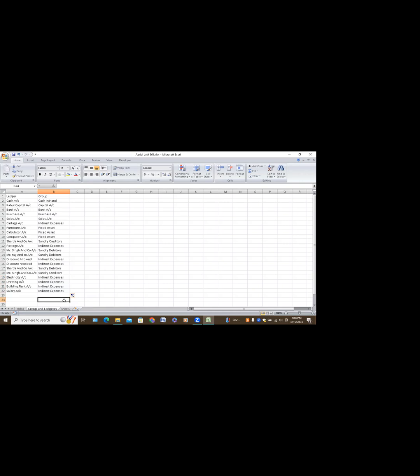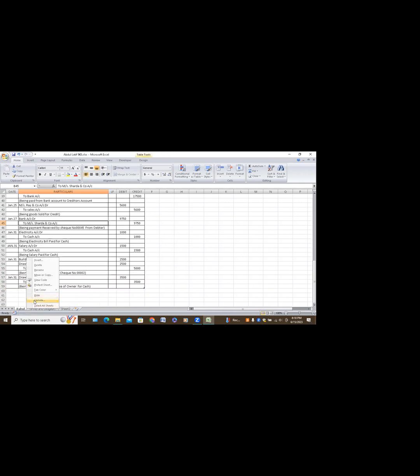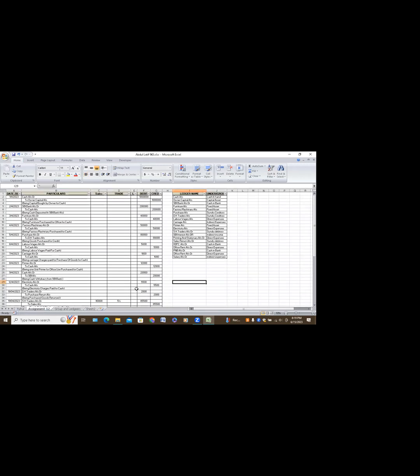Now open and unhide your workbook which you have already done. Which sheet you did the answers in, the ledger and the group, open that one. Now increase the size of the ledger and group columns, it is very small actually.